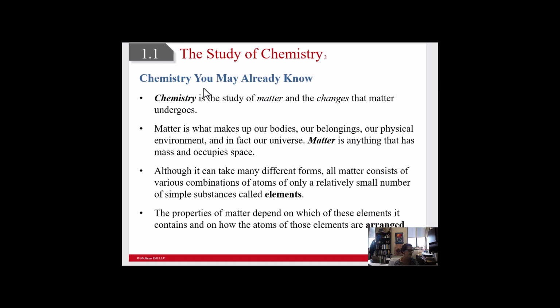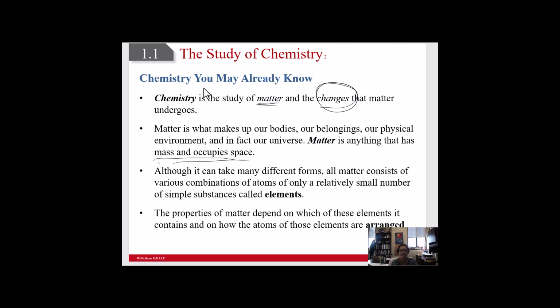So chemistry is the study of matter, but it's also the study of the changes that matter undergoes. Matter is everywhere. It's what makes up everything. It's anything that has mass and occupies space.